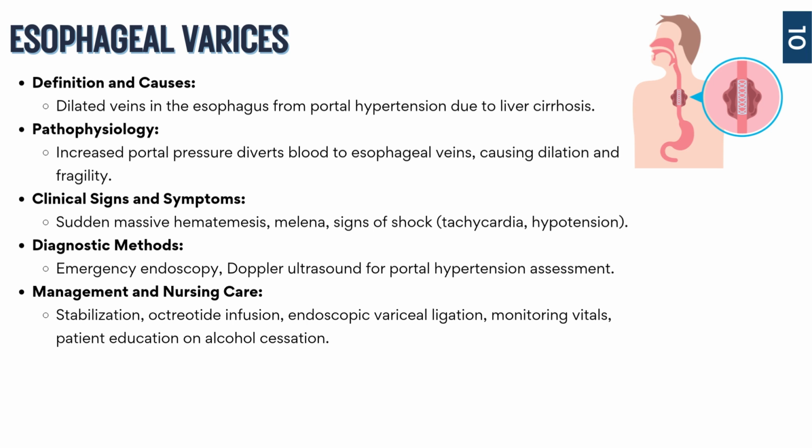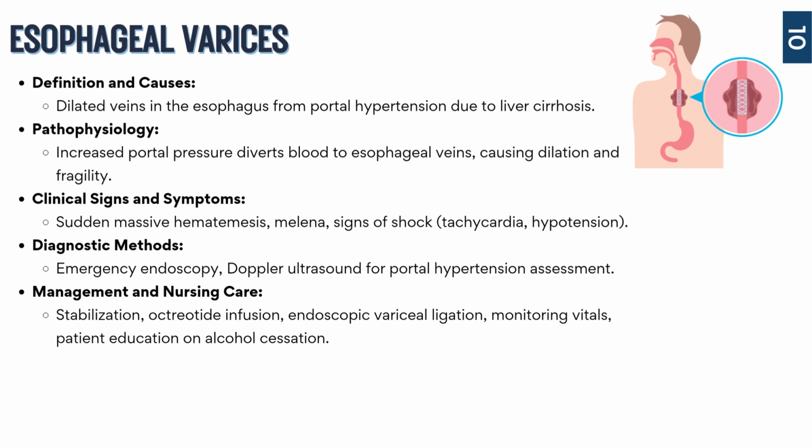Endoscopic procedures such as band ligation or sclerotherapy are used to control the bleeding. In some severe cases, TIPS, as it's called, which stands for transjugular intrahepatic portosystemic shunt, might be considered. You do not have to remember that, but it's a shunt.